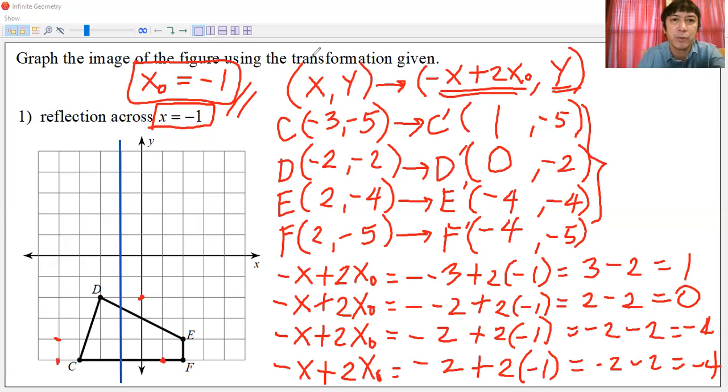All right, and then we'll just connect this. Let's start here, and then here, and then over here, and the fourth and final point. Let me adjust the last side. There.